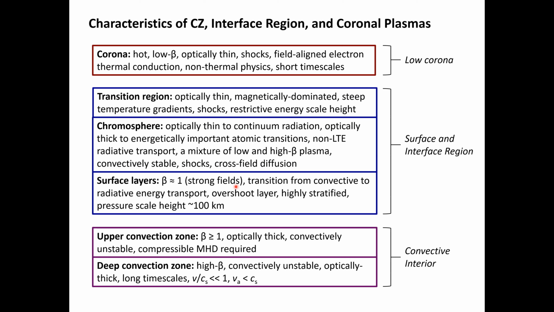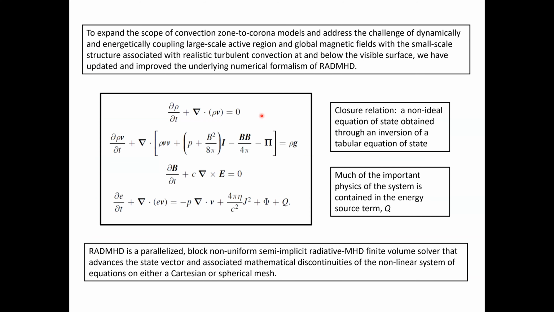There's a huge change in density, and a huge stratification as you get closer to the visible surface. And then the corona heats up, and the plasma beta changes from a high beta regime to a low beta regime. So you're faced with this daunting task of trying to get your code to encompass all of these disparate physical regimes.